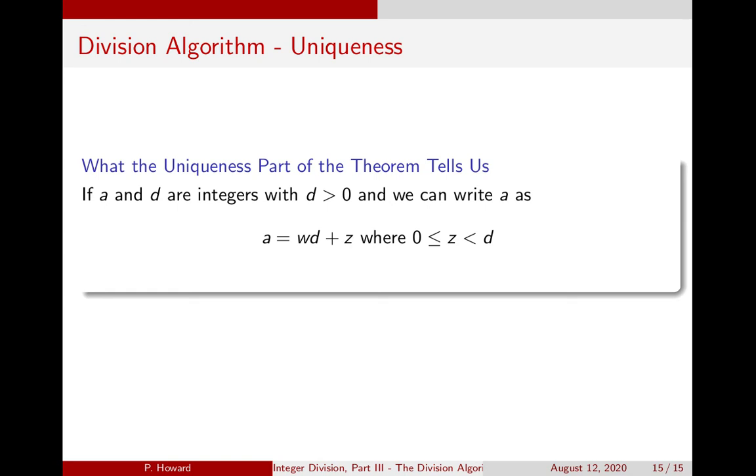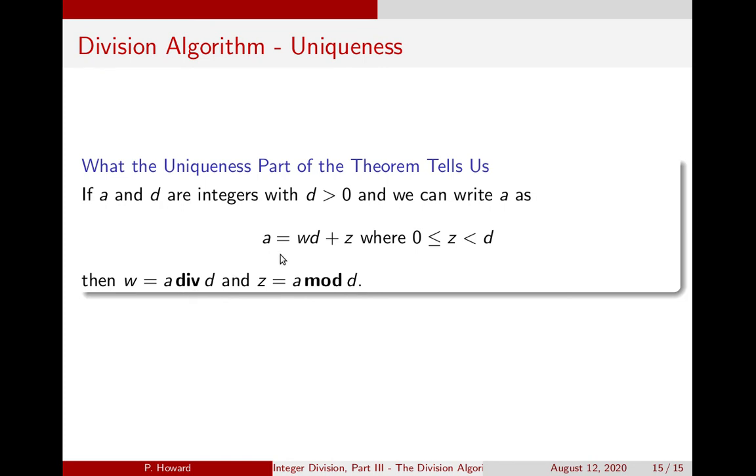One final slide. There is a uniqueness component to the division algorithm theorem. And here's what it tells us. If you start out with two integers, a and d positive, and you find a way of writing a as w times d plus z, where w and z are integers, and z is non-negative and less than d, no matter how you find this equation, w has to be a div d, and z has to be a mod d.